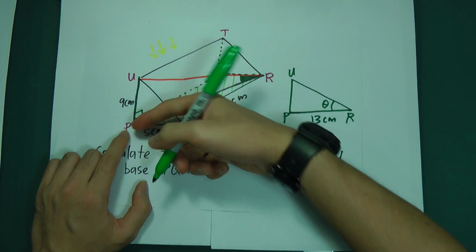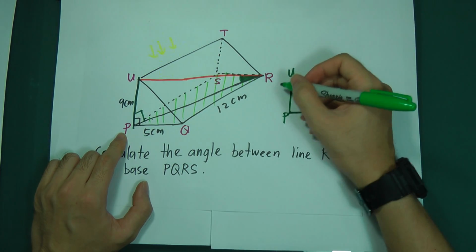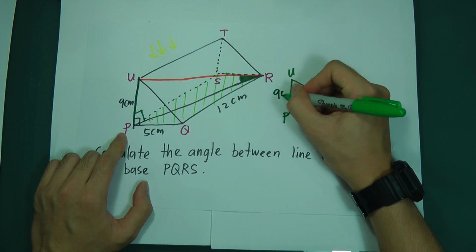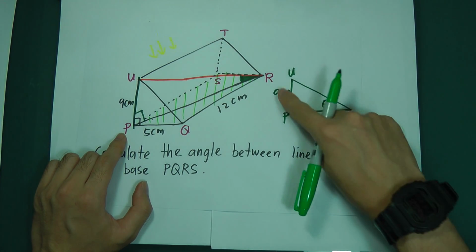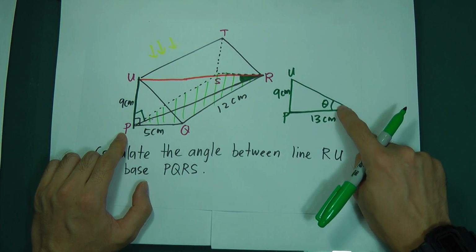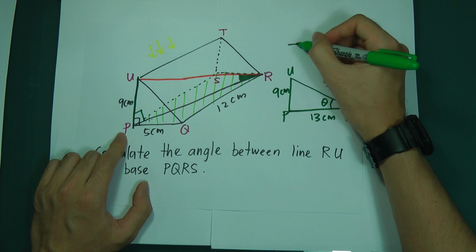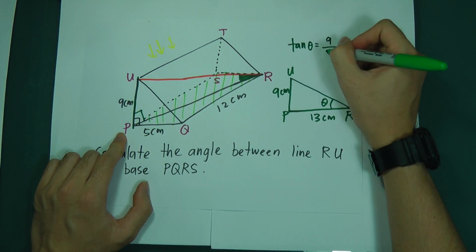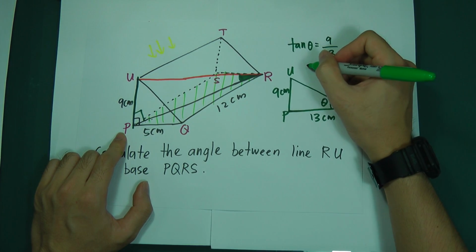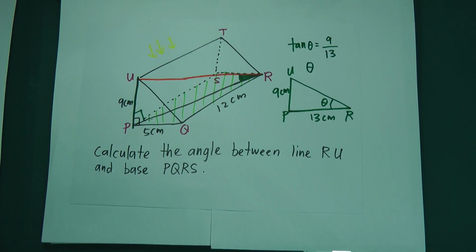And UP you will get 9 cm. So it's very simple to find the angle. You have opposite and adjacent. For the angle over here, you have opposite and adjacent, obviously you use tangent. Tan of the angle is equal to 9 over 13. Of course, to find the angle, you just press shift tangent, bracket 9 over 13.